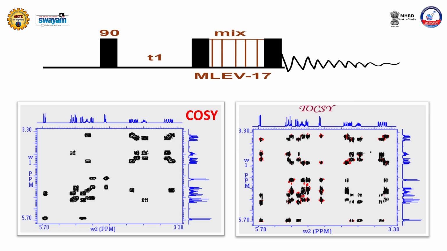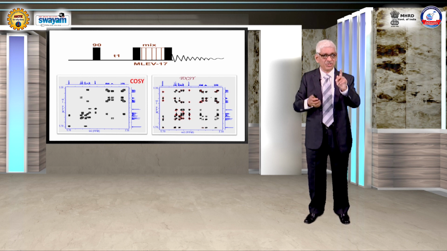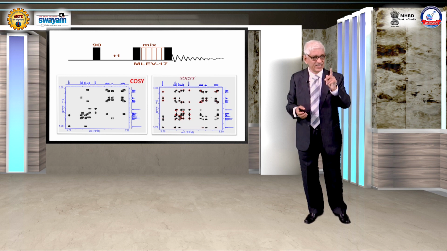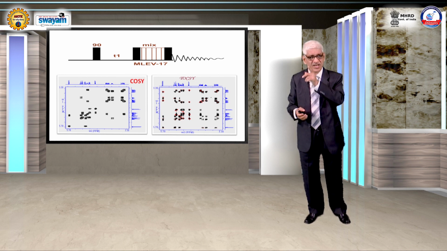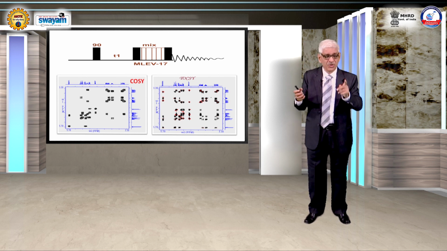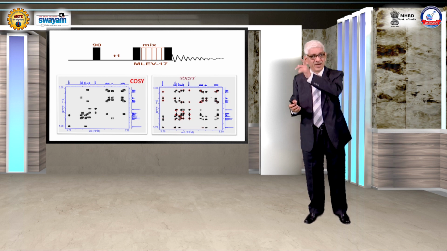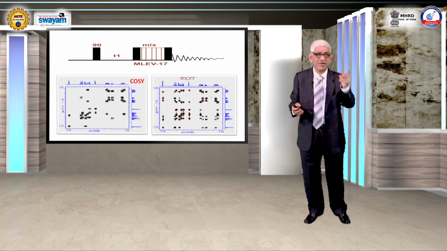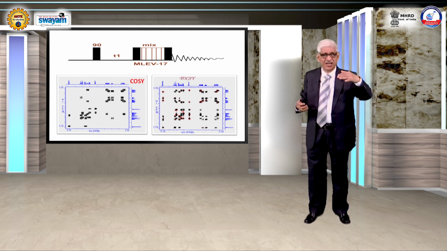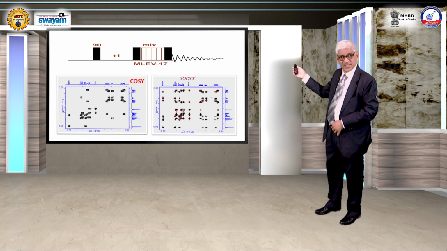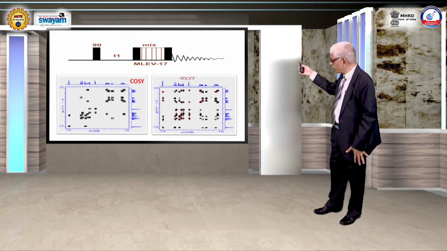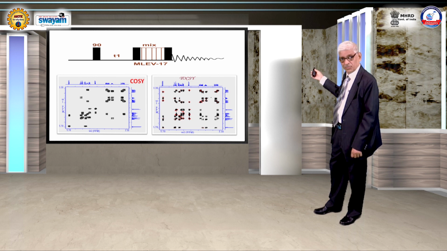So what is the information present here? In the COSY spectrum, if I have three protons A, B and C, and there is coupling between A and B, I will have a cross peak, and I will have a cross peak from B to C. Now in the TOCSY spectrum, you will not only have the A to B and B to C cross peaks, you will also have an A to C cross peak. Therefore, it increases the information content in your spectrum. You can see in the spectra below that the COSY spectrum has fewer peaks compared to the TOCSY spectrum on the right hand side.